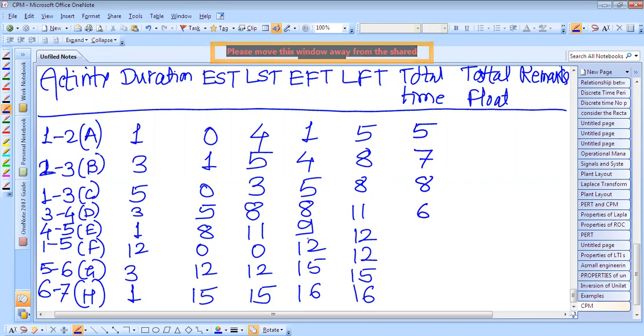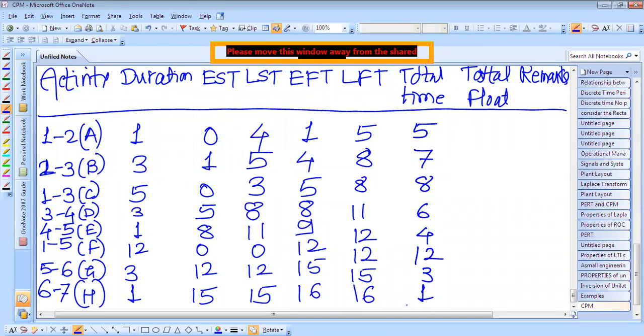LFT minus EST, that is total time. Again, this is 12 minus 0, 12. 15 minus 12, it is 3. 16 minus 15, it is 1. So it is the total time for the activity.